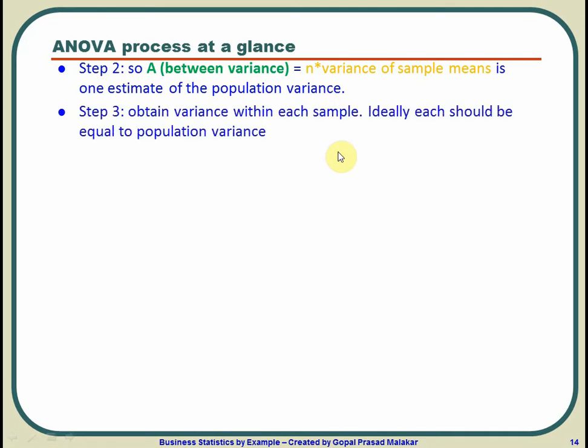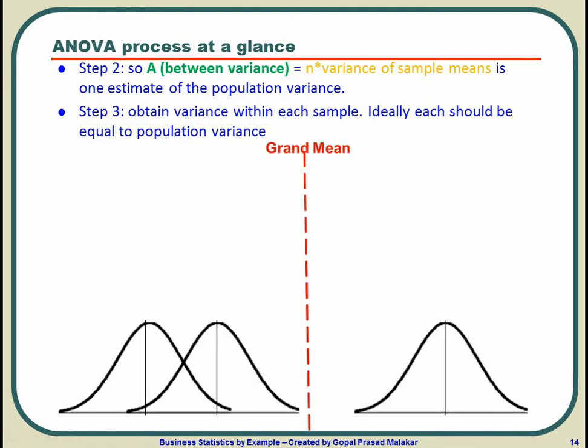Now understand one more thing. When you are taking the variance in each sample, ideally each variance should be equal to the population variance. Here you are talking about within sample variance. You are looking at how the data is distributed in sample 1 around its center, and the same way for sample 2 and sample 3.